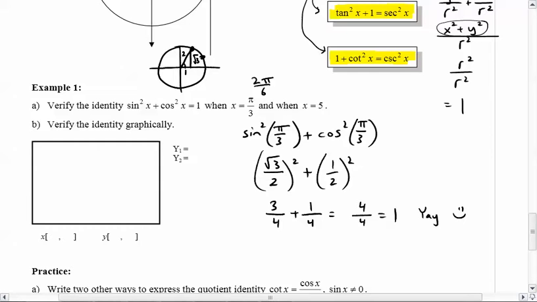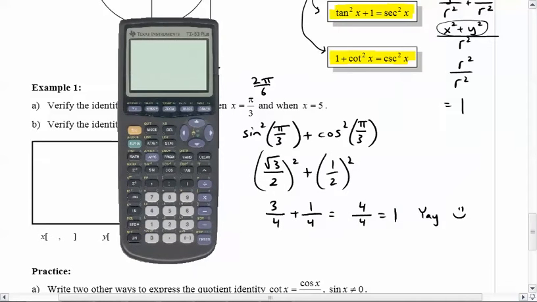And we can also try this on the calculator using x equals 5. So sine of 5 squared plus cosine of 5 squared is 1. And we can also check it by graphing.